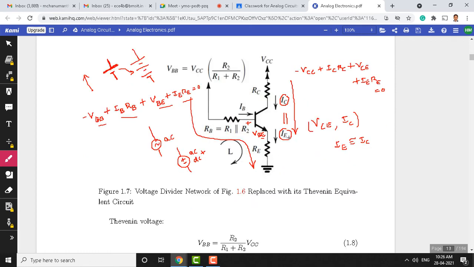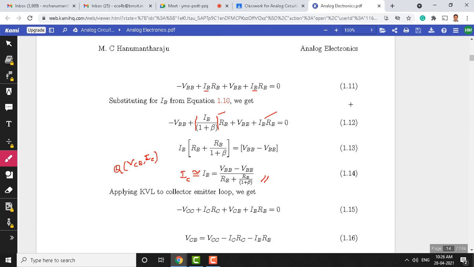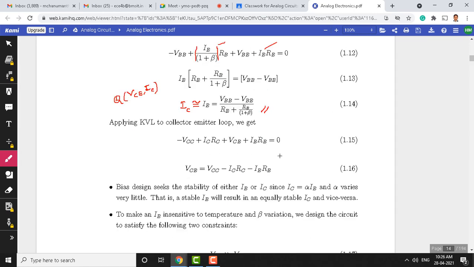This is the equation we get once we apply KVL to the collector emitter loop. Now we want the first coordinate of the operating point, which is VCE. So VCE equals VCC minus ICRC minus IERE.